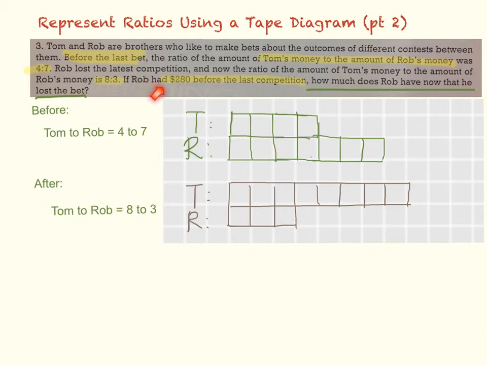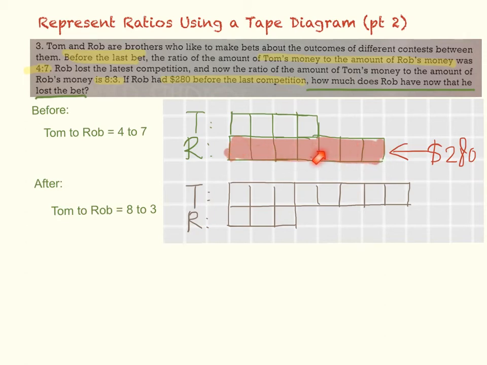Okay, so when you go back to the question, Rob had $280 before the last competition. That means this part here represents $280. So 7 boxes: 1, 2, 3, 4, 5, 6, 7.